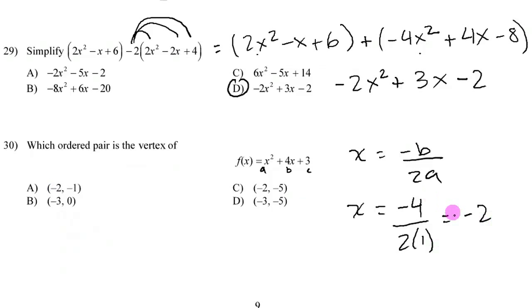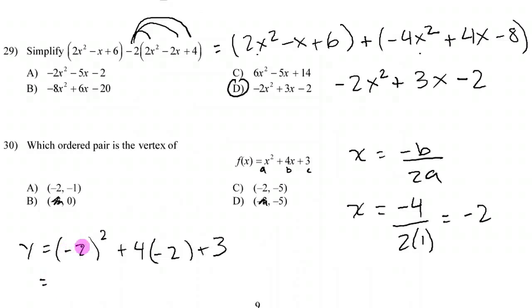So I know my x value is negative 2, so it's not this one, it's not this one. Now we just have to find the y, which all we do is plug it in. So y is equal to x squared plus 4x plus 3, but instead of an x, we're going to use minus 2, because that's the value of x at the vertex. So minus 2 squared plus 4 times minus 2 plus 3.